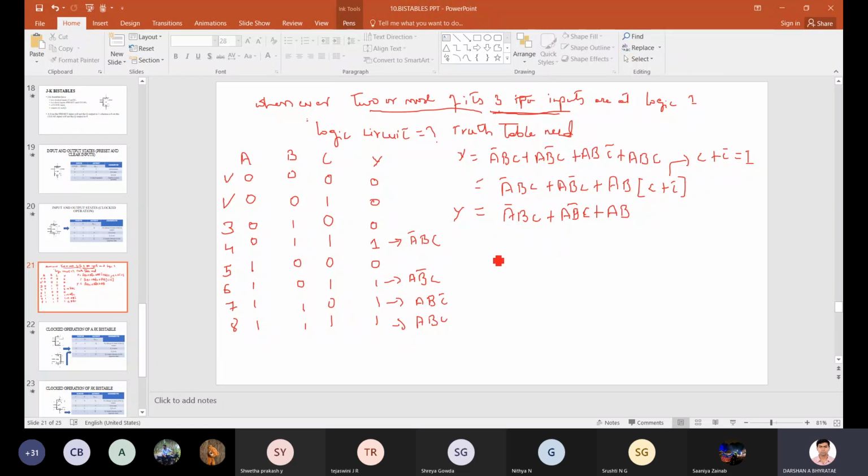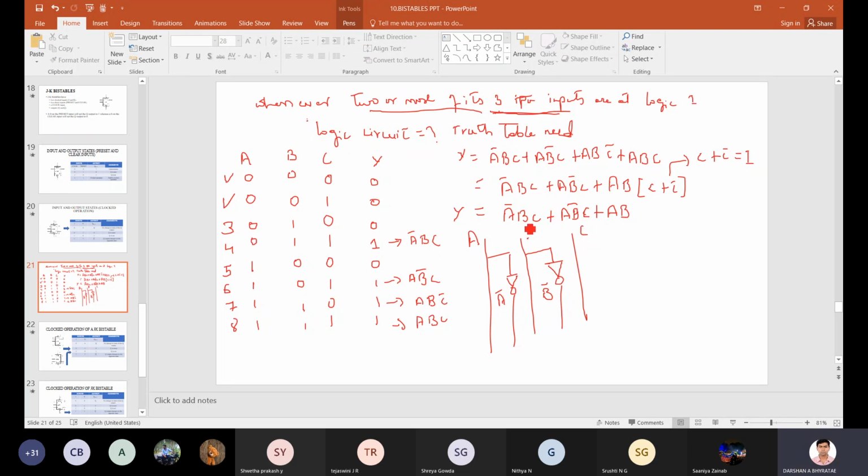What I will do: this is my A and this is my A bar, and this is B, this is my NOT gate, this is B and B bar here, and I make C as it is because we don't have C complement in the expression.